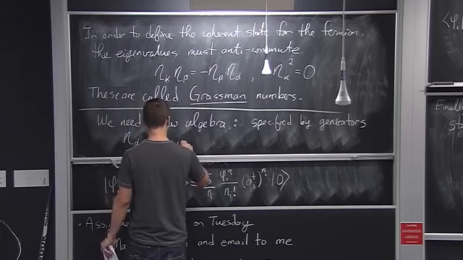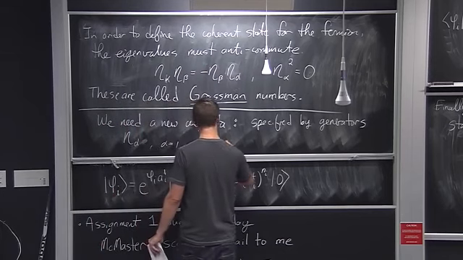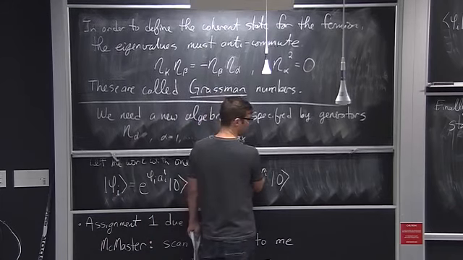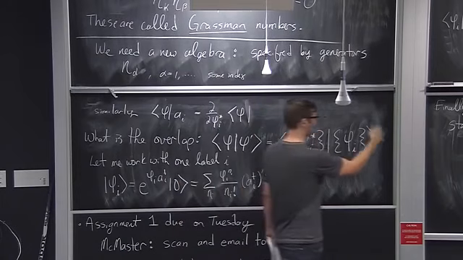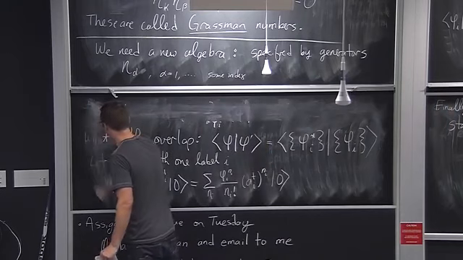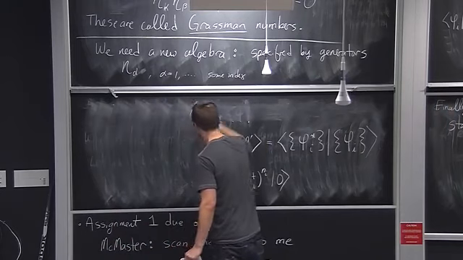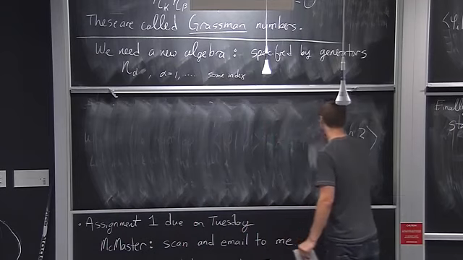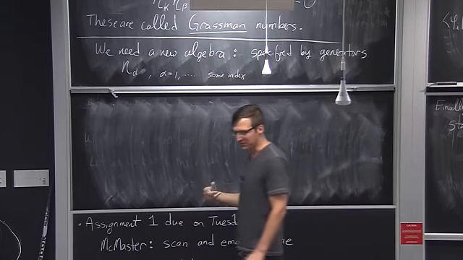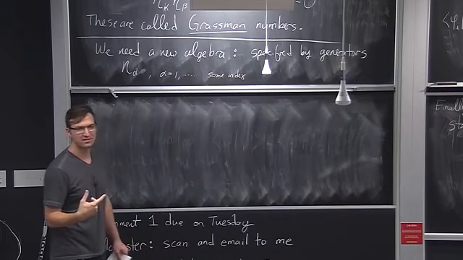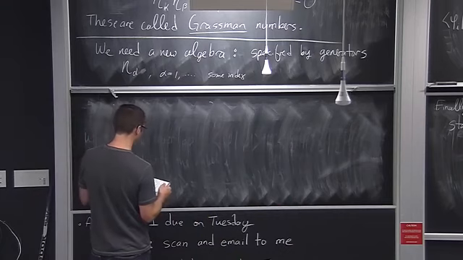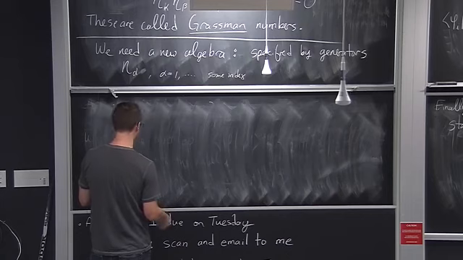Alpha, some index, for the amount of generators you need to span the space that you want the algebra to be defined on. Just so you know where we're going with this, we need to be able to define functions of Grassmann numbers and a calculus in order to do the path integral. So just the bare bones of what the algebra looks like.